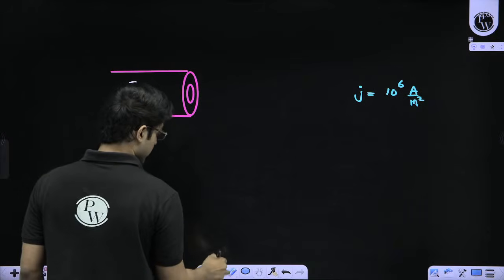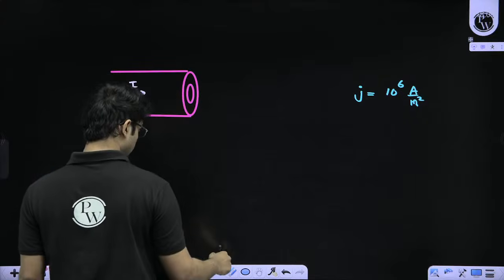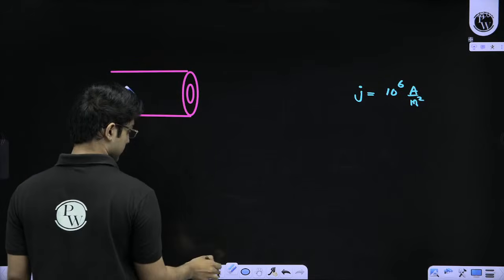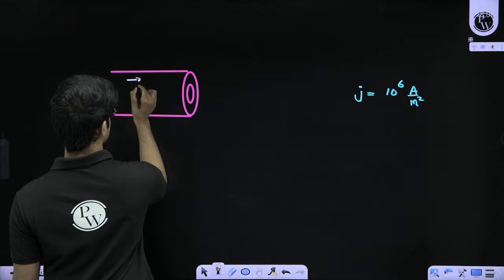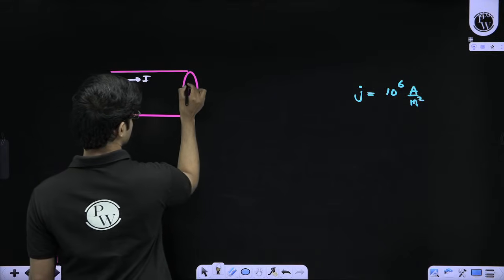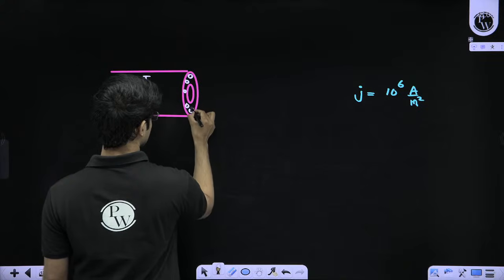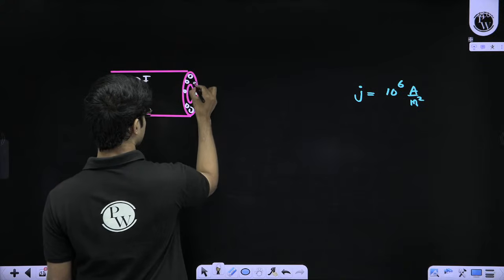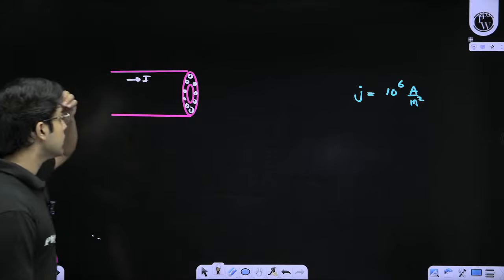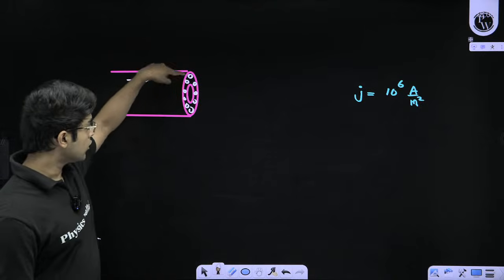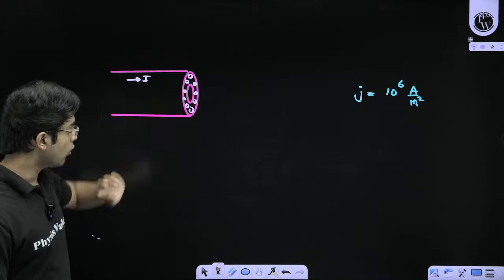Okay. So current is flowing through these parts only. Current is coming out through these sections only. There is no current in the middle part. Okay. So you can think of this like a wire with a hole in the middle.